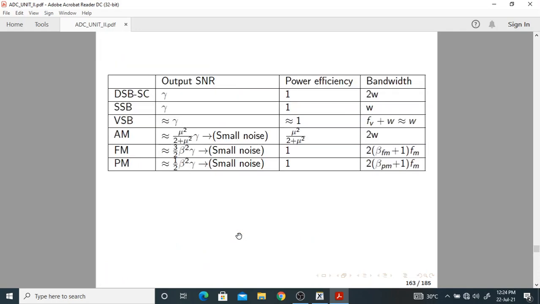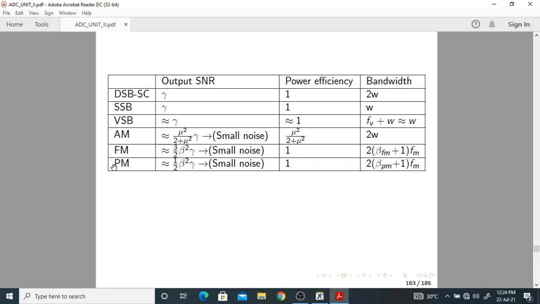Now this is finally a table which will give you all the details. Output SNR: DSBSC gamma, SSB gamma, VSB approximately gamma, AM approximately equal to mu square by 2 plus mu square into gamma. It is for the small noise case or large SNR case. For FM approximately 3 by 2 beta square gamma, PM 1 by 2 beta square gamma.